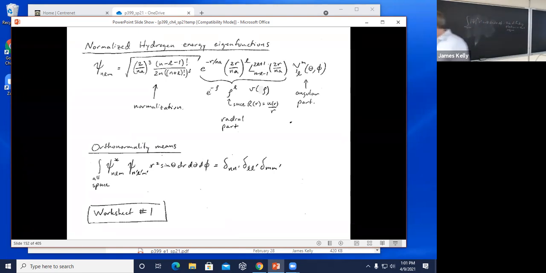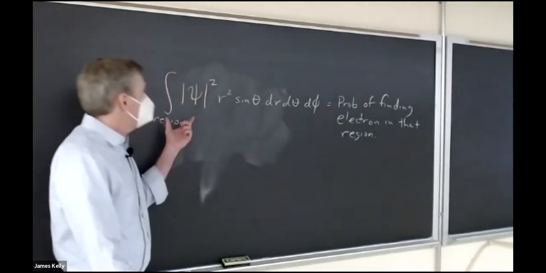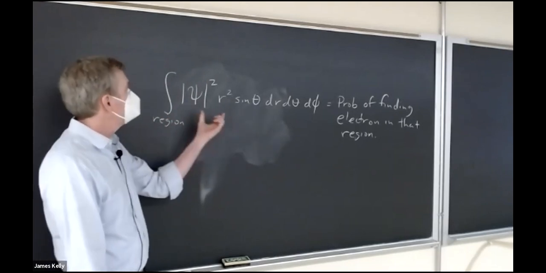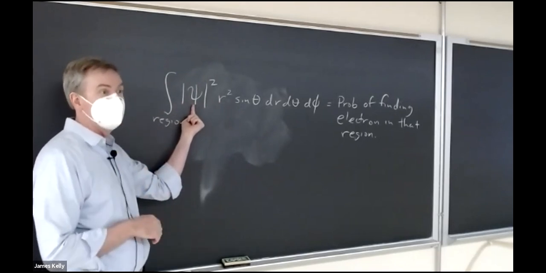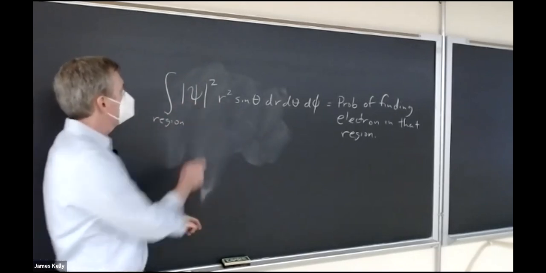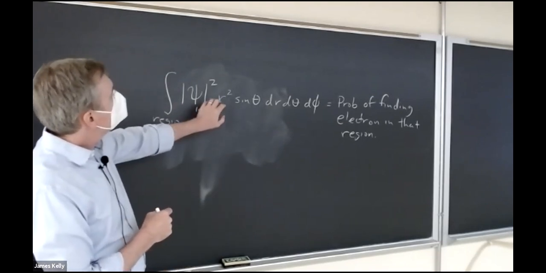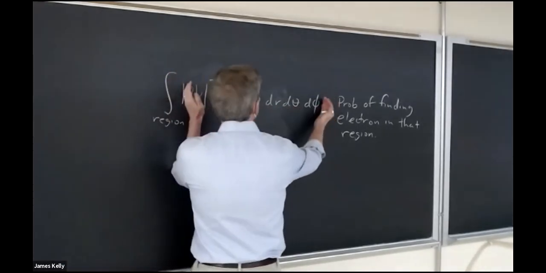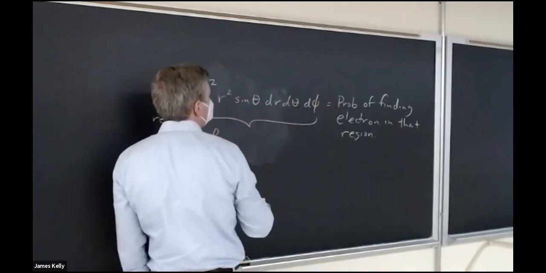Here's a hint. Let me just unshare my screen for the sake of the video. You can't just look at the magnitude of psi squared, because the probability interpretation is that if I take the magnitude of psi squared, here I'm using lowercase psi because it's in a definite energy state, the state 1, 0, 0, times the spherical volume element, this is what I would call rho.